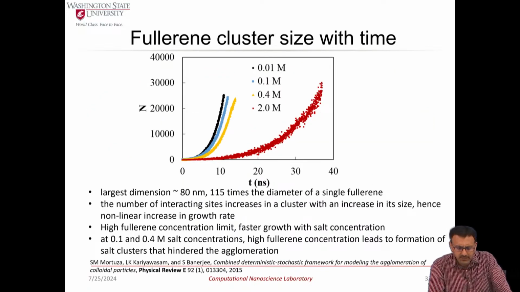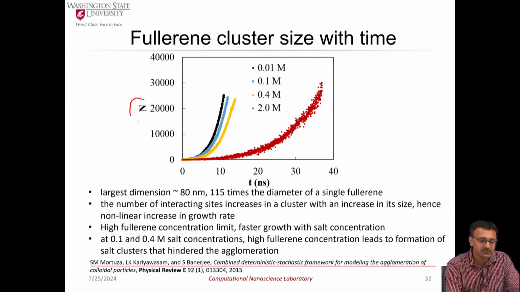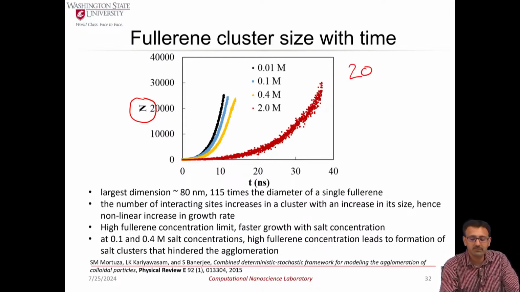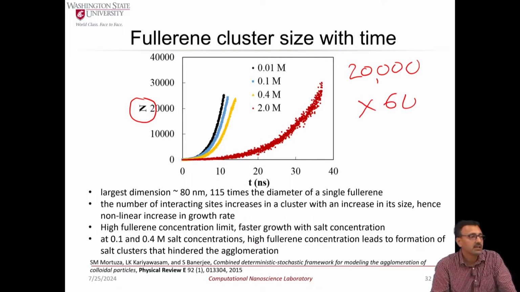There are many things that we can determine from analyzing the growth of these clusters. For example, this one shows the number of fullerenes in the cluster with time, and you can go as high as 20,000 or more fullerene particles forming the cluster, which would not be feasible in molecular dynamics just because of the number of atoms. 20,000 would mean 20,000 times 60, and the concentration of fullerene in the solution was 7% by weight.